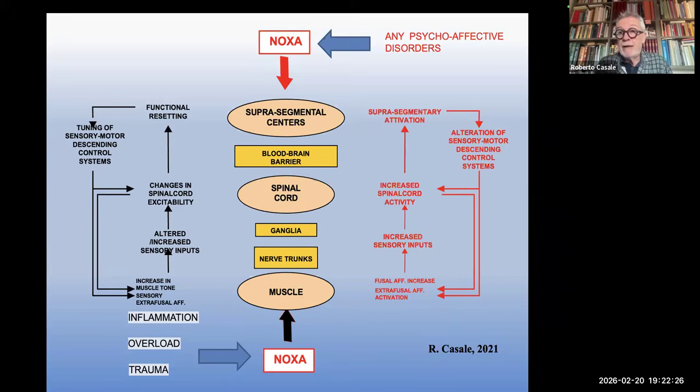Because if we have an affective disorder and, by chance, get an ankle sprain, that could be enough to develop a nociplastic pain, in which after a while you no longer have any nociceptive pain generator, and the pain is no more in the ankle, the pain is in the central nervous system.